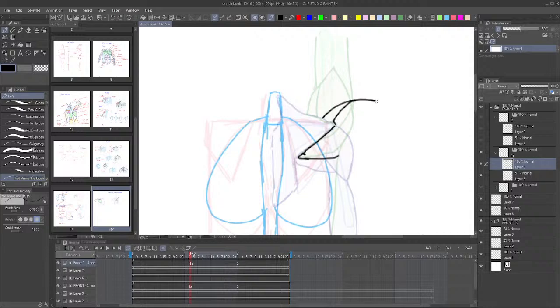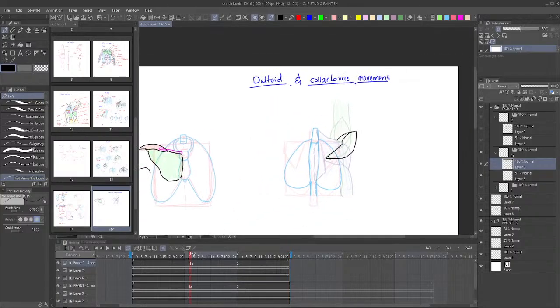Then the pointy side of the deltoid is here now. Like that, okay.